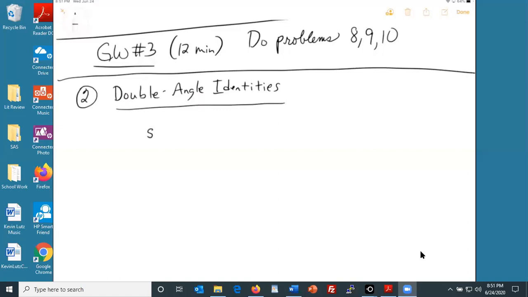For example, sine of 2 theta. When we say double angle, it means double the angle. Double theta is 2 times theta. We have a nice little formula for this, and I'll prove it to you. It's 2 times the sine of theta times cosine theta.